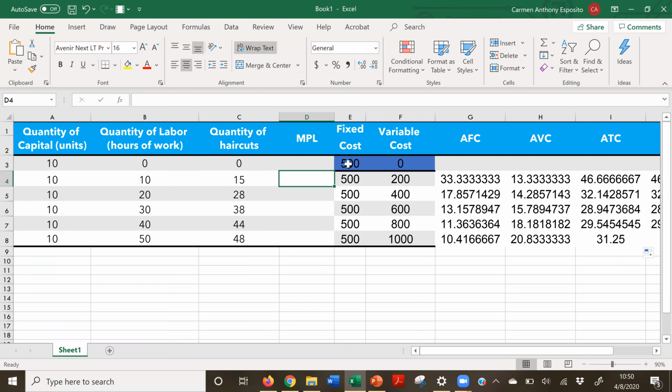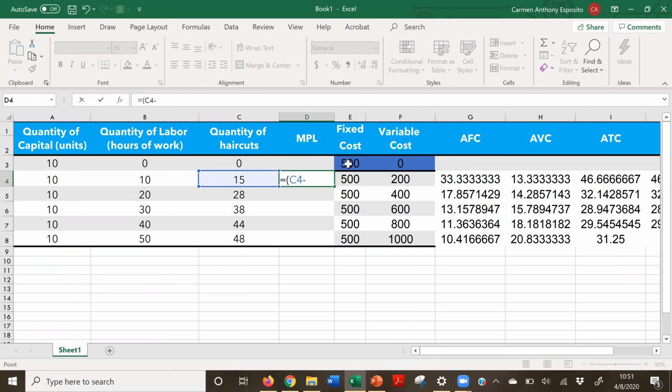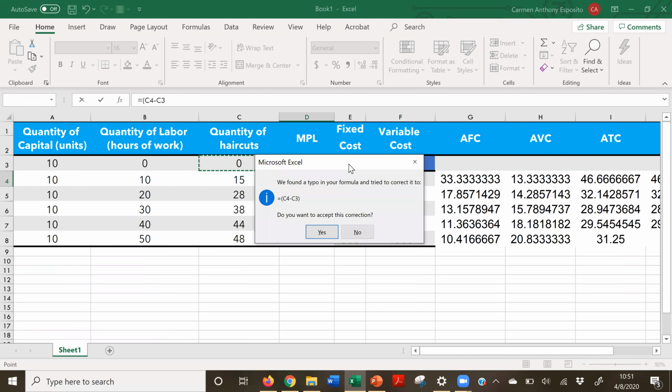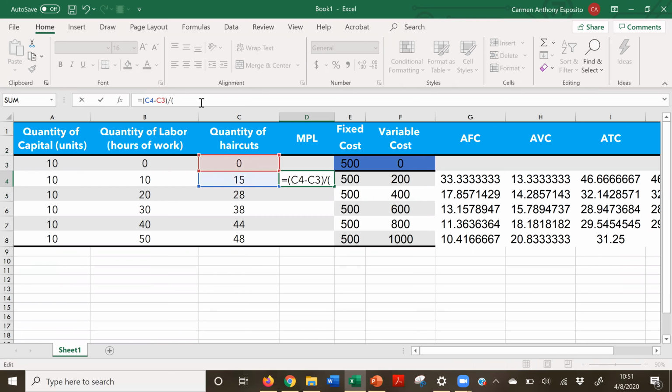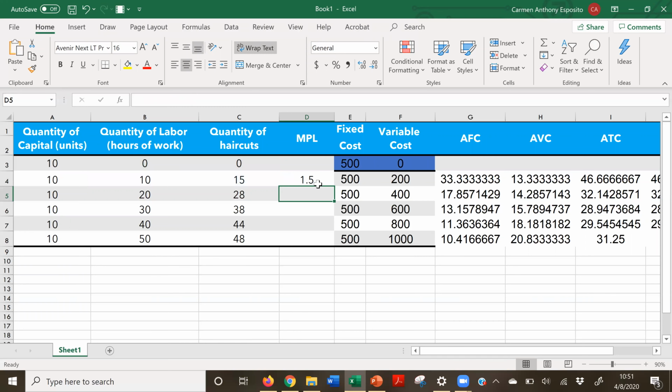And remember what MPL is saying: the change in quantity, so 15 minus 0, divided by the change in hours of work.